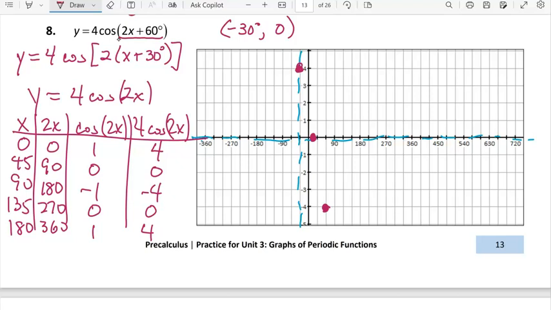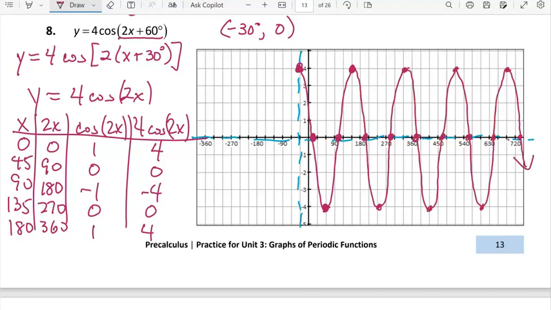And 135 to the right, since we're going by 45 degree increments here, and then 180 to the right of that new origin and 4 up. So here's one cycle. Several additional cycles to the right and several more to the left.